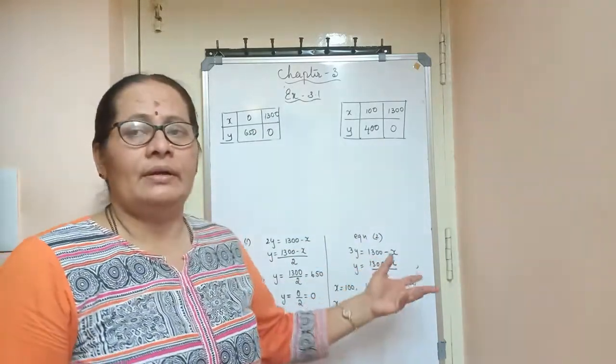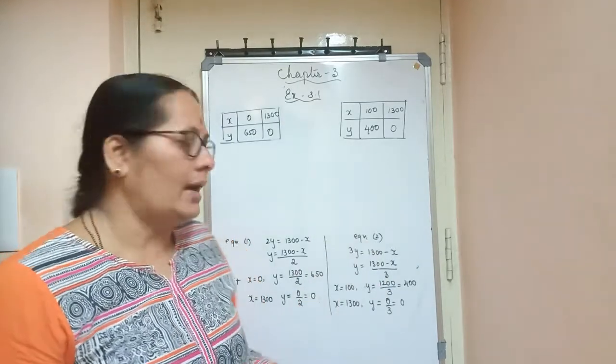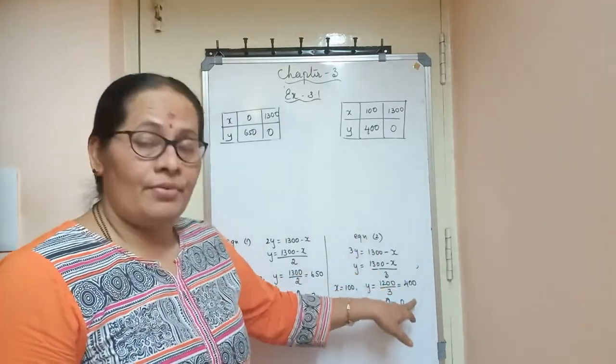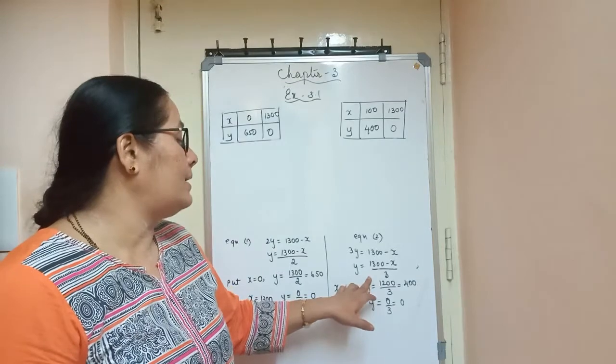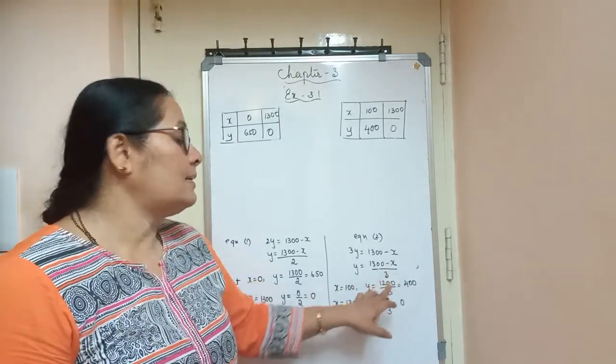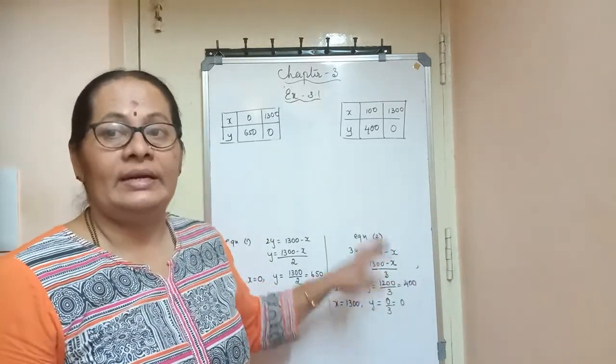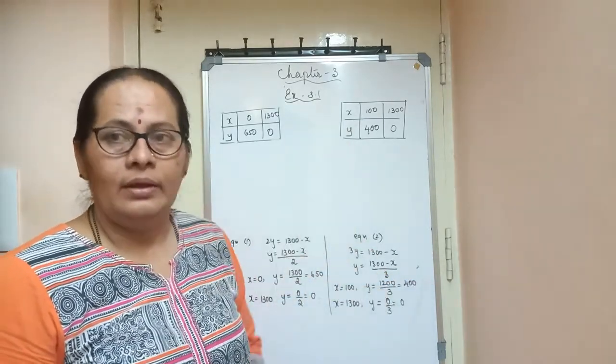So that's quite difficult to locate. We will not locate it at the exact point. So to get a round figure value, I took 100. If I take 100, then 1,300 minus 100 is 1,200, divided by 3, which is 400. Easily you will locate it on the graph.